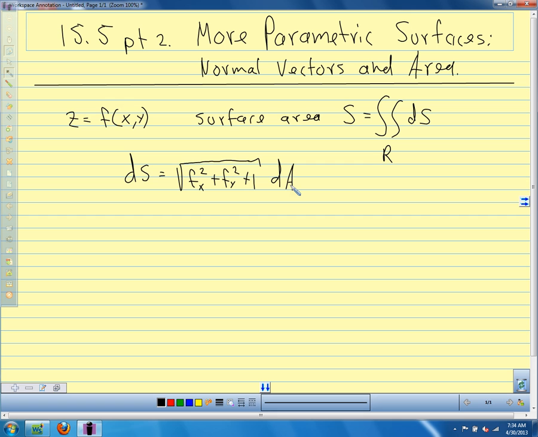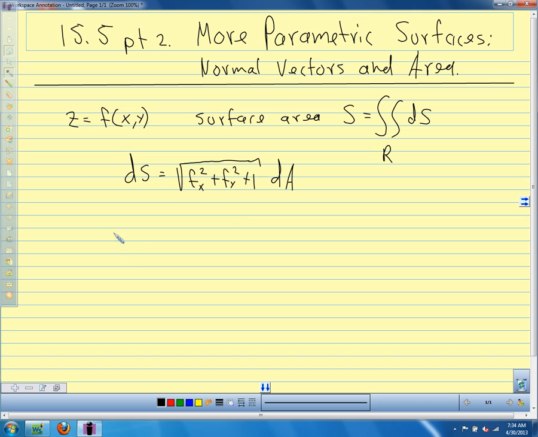And if we remember, what we did was we looked at a little piece of the surface and we came up with tangent vectors to the surface in the x direction and the y direction, and took the cross product of those tangent vectors, and that approximated the area of a little parallelogram, and took the size of the little parallelogram smaller and smaller, and we came up with this expression for dS. We're going to do the same thing for a parametric surface.